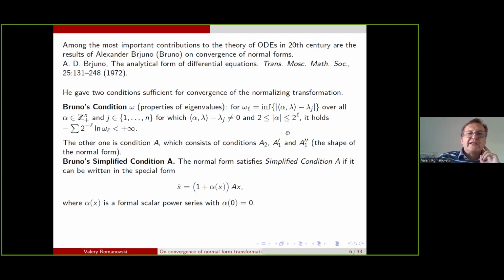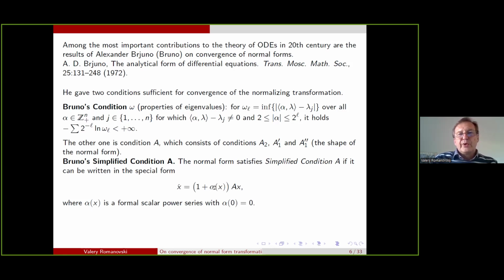I formulate only the simplified condition A, and this is this one, because these conditions are not easy to formulate. Even as I formulate it, it is not easy to understand what is going on. But this condition is quite simple. We say that the normal form satisfies simplified condition A if it can be written in a special form, where alpha(x) is a scalar power series with alpha(0) equals 0.